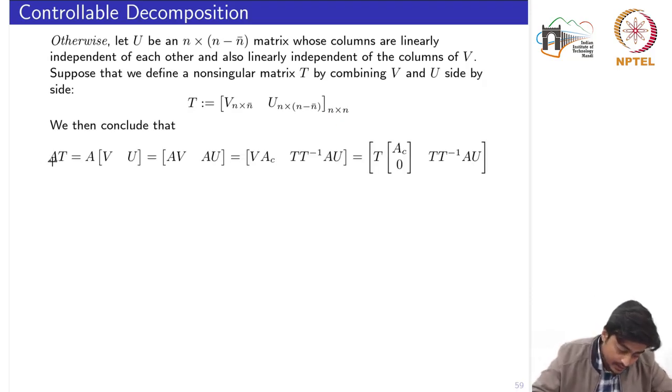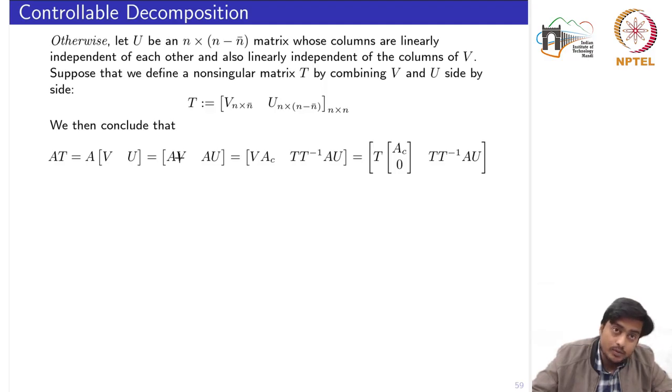Now see here that the multiplication of the matrix A into T I can write as equal to A into V U, taken from above. And since both of them are matrices, I can individually multiply this matrix with these matrices. So I would have AV and AU.